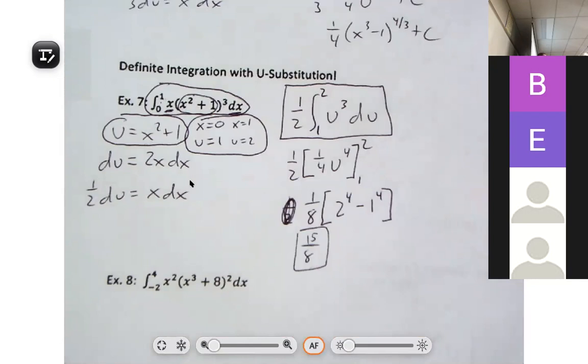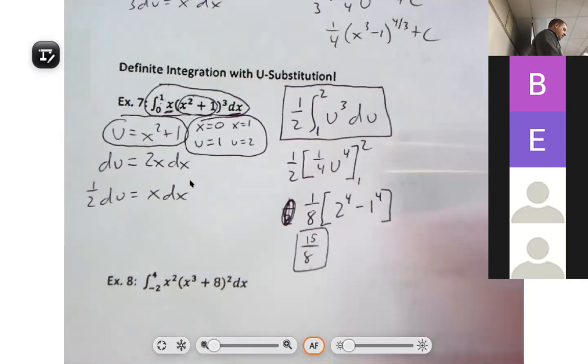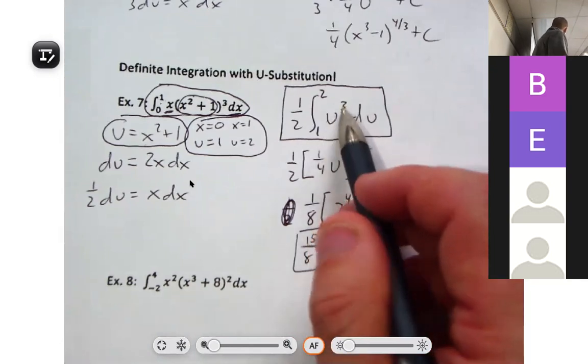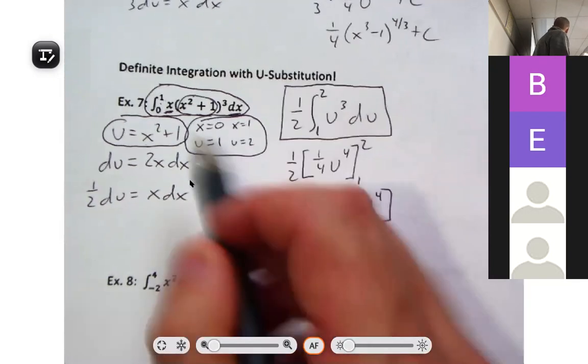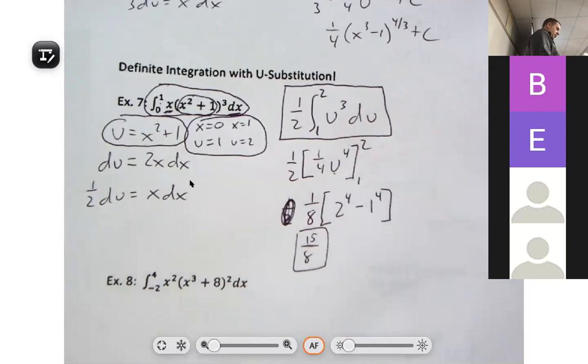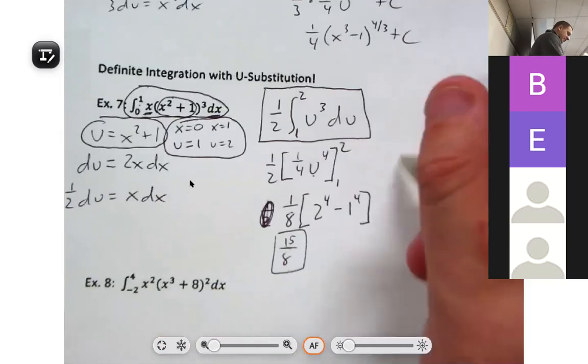Because what I'm about to show you next, you technically don't have to change the limits. Let's say that you were like, well, when I integrate u cubed, I'm just going to put x squared plus 1 back in for u right here. Here's your other option. You could have never changed those limits of integration and done this instead.